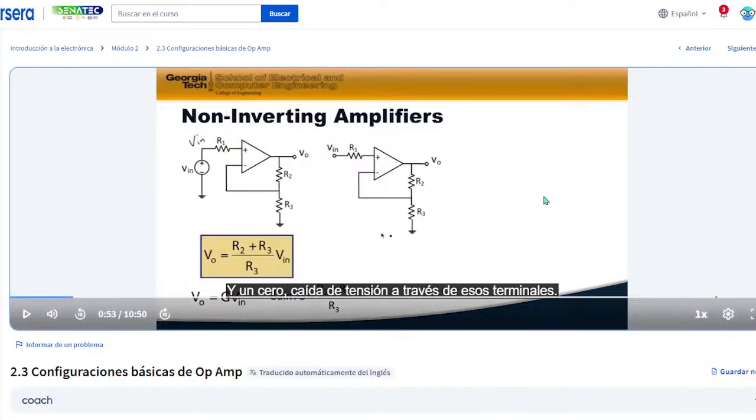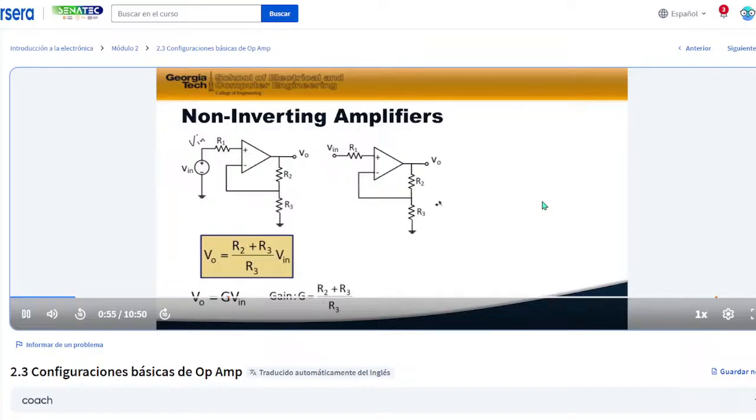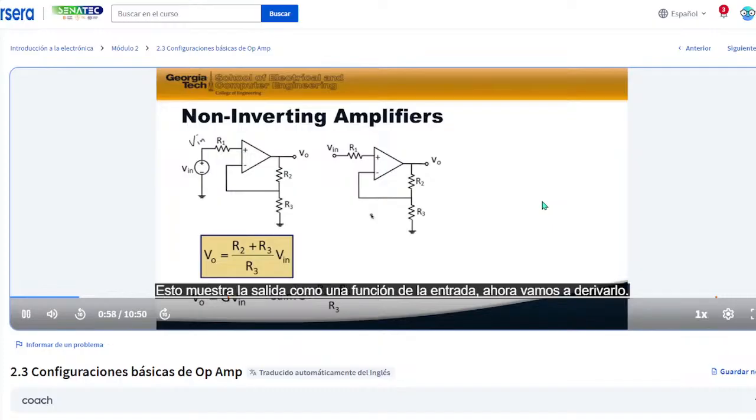And the reason that I want to show it in this configuration is that sometimes we use this to amplify something, say from a sensor. The input might be coming from a sensor input, so it's not really a power supply.